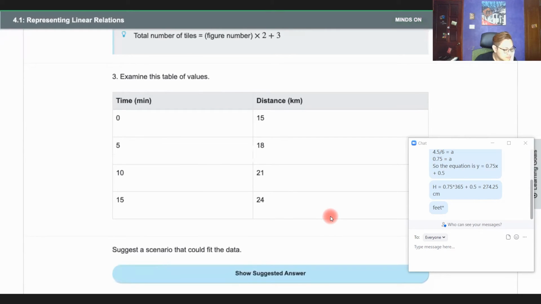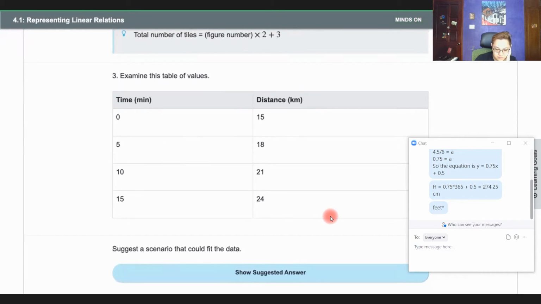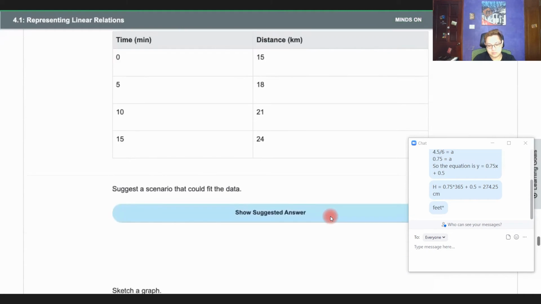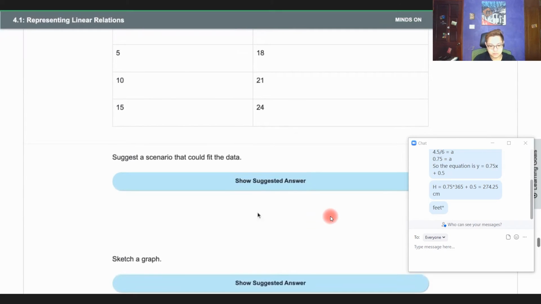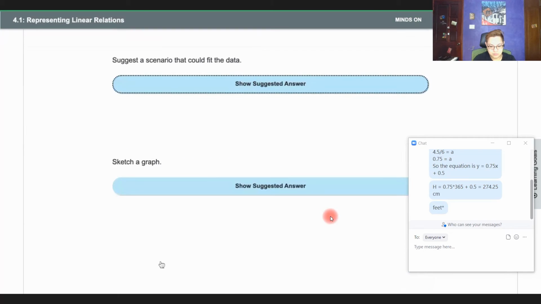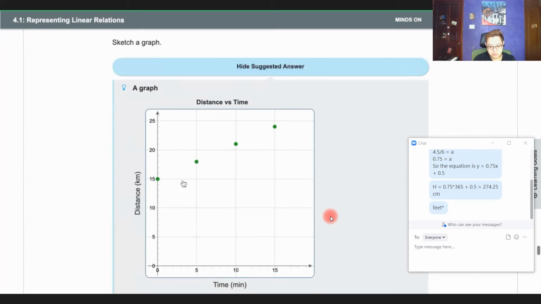Examine this table of values, time in minutes. So graph like this.